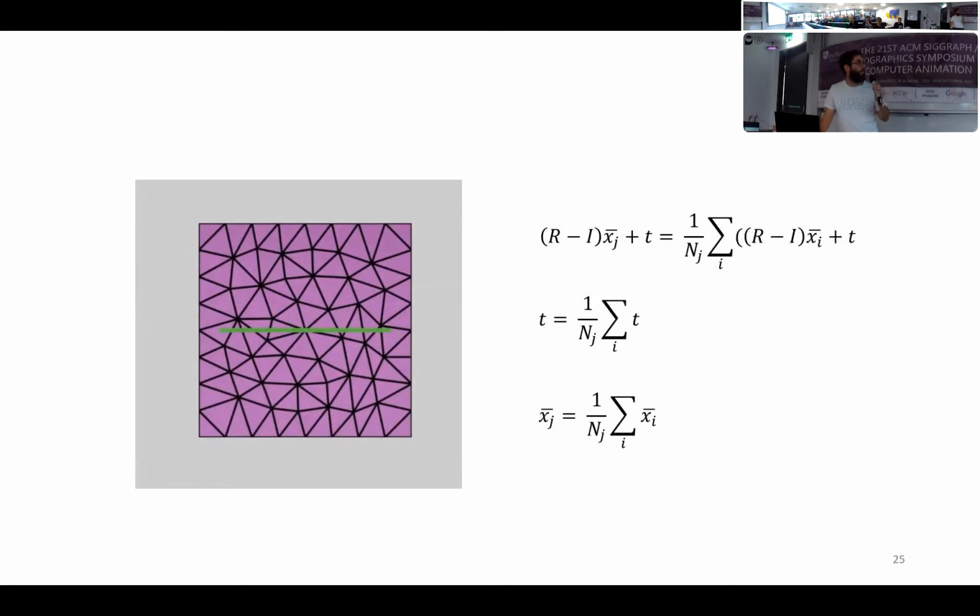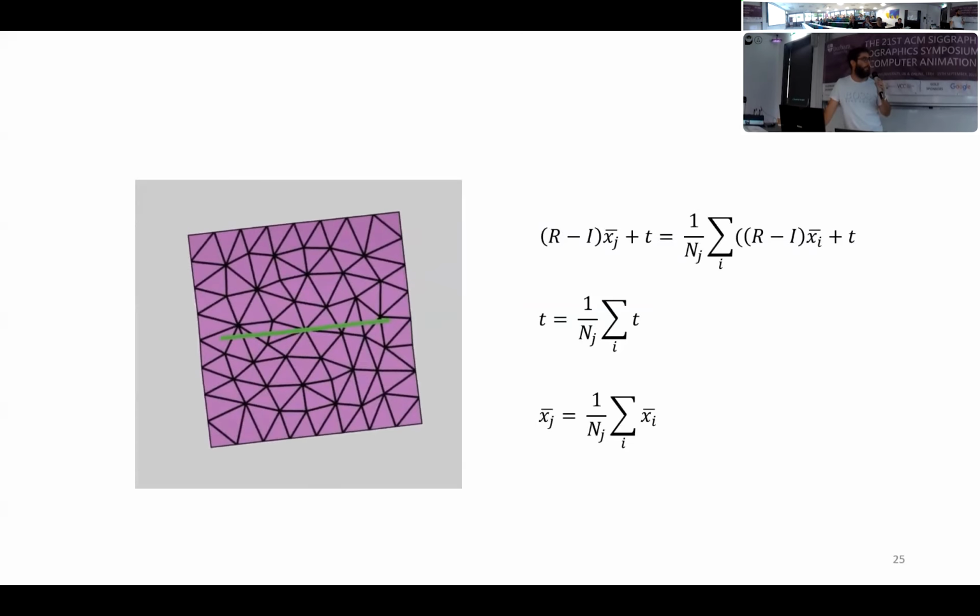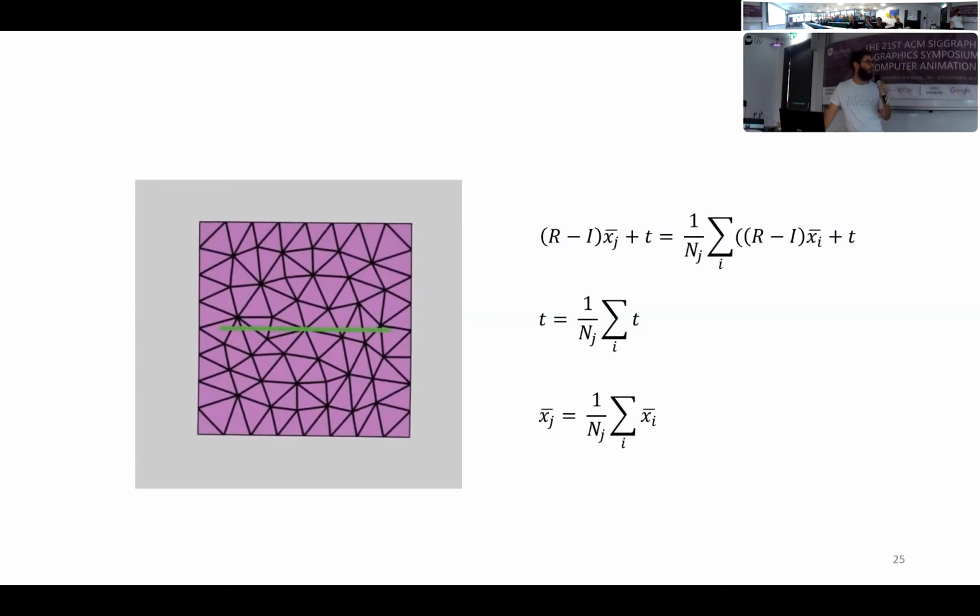So we have to enforce two conditions to be able to perform rigid body motions. The first condition is met by design. The translation has to be the translation of all the points. That is already enforced.